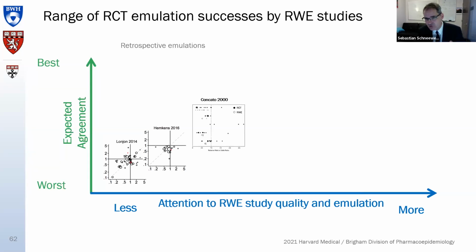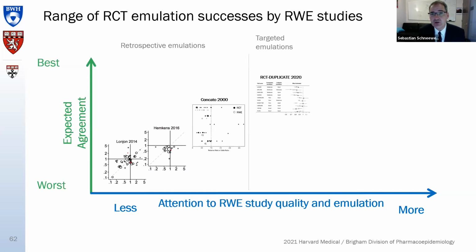And of course, there's not a strictly mathematical relationship, but we sense the better we emulate the randomized trial, the higher quality data we have, the closer we are likely to get to the RCT findings. And this is a bunch of retrospective emulations like the Colcado study that I mentioned already, where the randomized trials and real-world evidence studies were identified in literature.